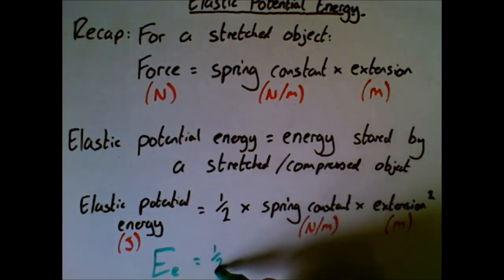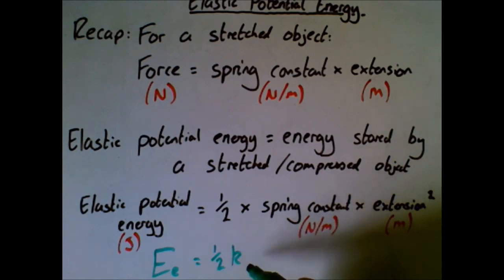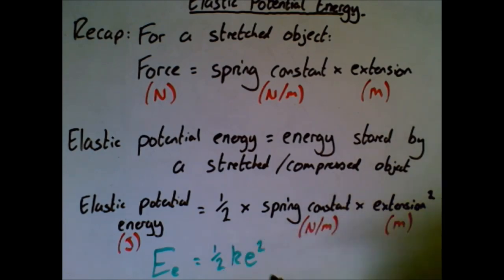Equals half spring constant given the letter k, extension given the letter e. Now you can see there why I say don't use symbols, because if you forget that spring constant is a k, or you forget that elastic potential energy is capital E and small e, you run the risk of losing marks. Now I will say though, this formula, good news, is actually given on your formula sheet, and it is given on the formula sheet in symbols as well. So for this one, just to save you time, you may want to write it out in symbols. That's absolutely fine as long as you use the correct symbols.